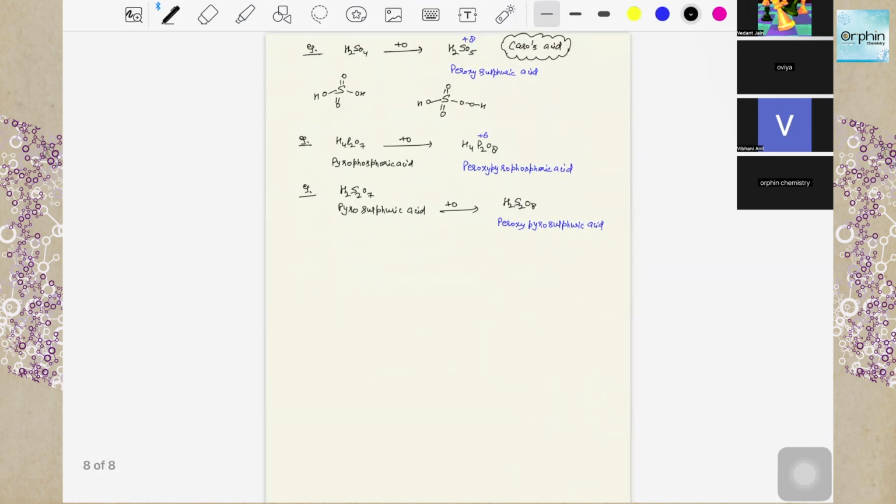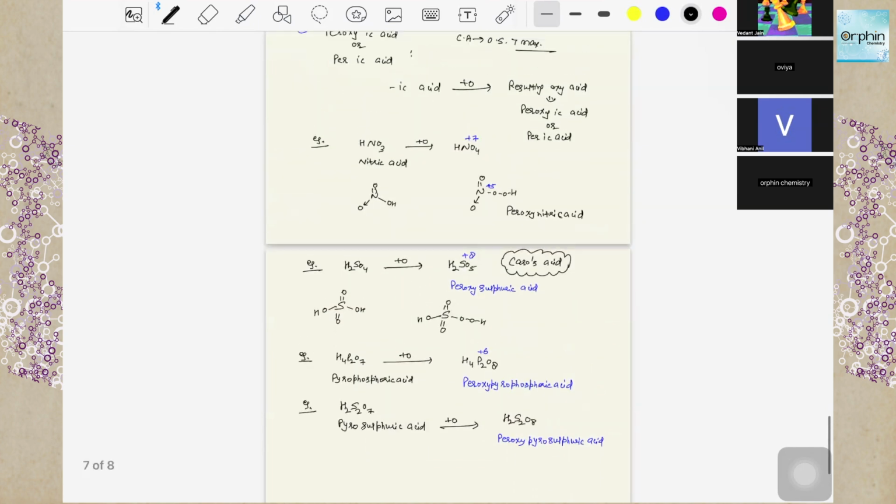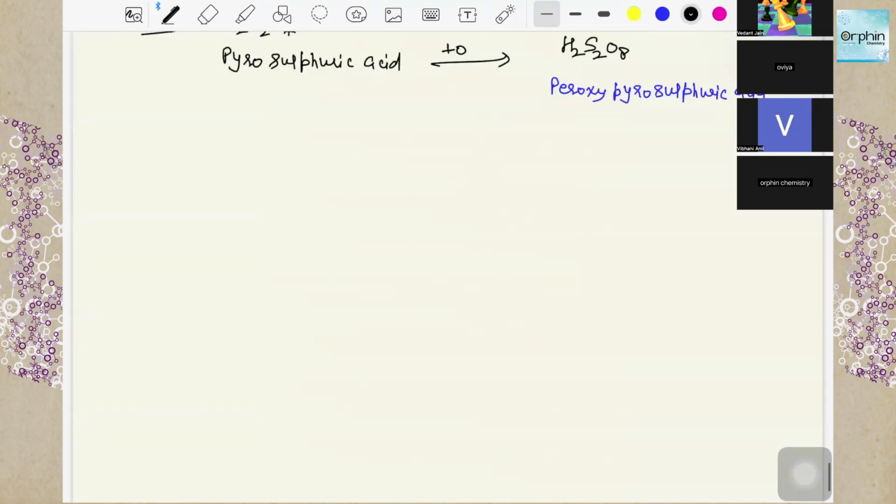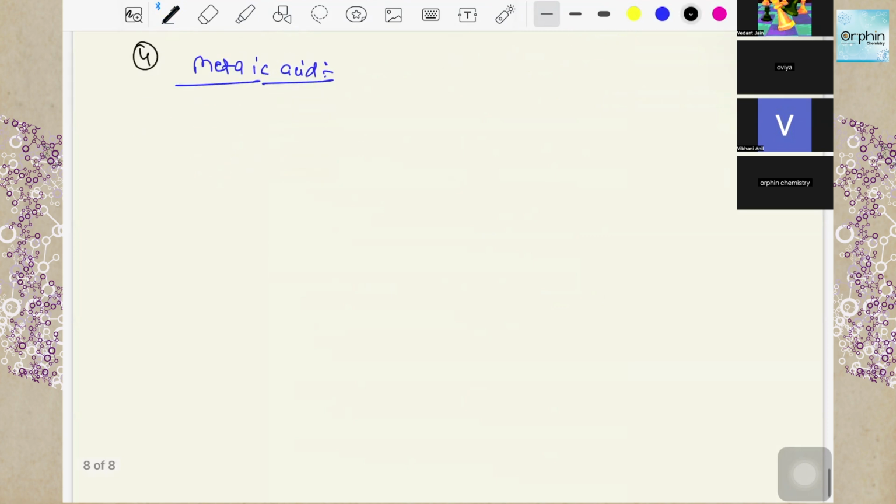Correct. So now the last one we have is meta. The 4th one is meta, specifically meta-ic acid. What is meta-ic acid? Let us see.